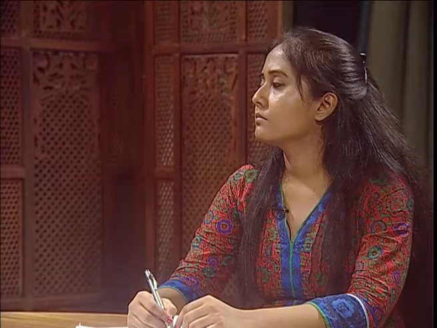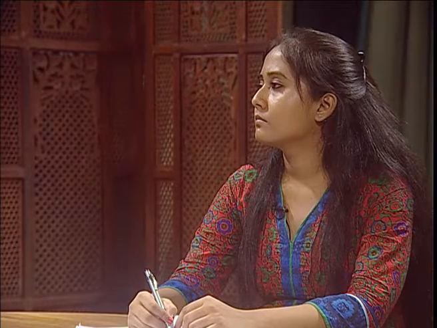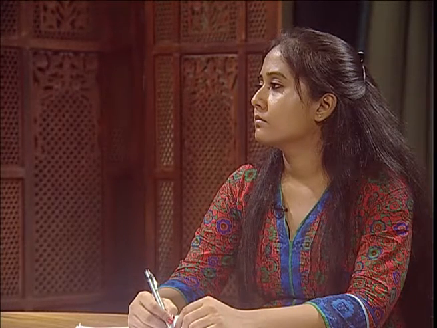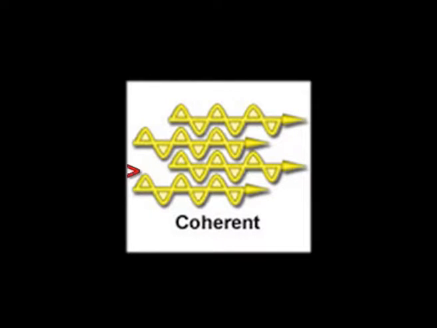Next, we go on to another category of quality, where we consider whether light comes in phase or not in phase. So what do we mean by in phase? In phase light can be considered when a light beam, consisting of different rays of light coming from a source, travels through a medium where the crest of one wave matches with the crest of another wave, and similarly the troughs of one wave match with the troughs of another wave.